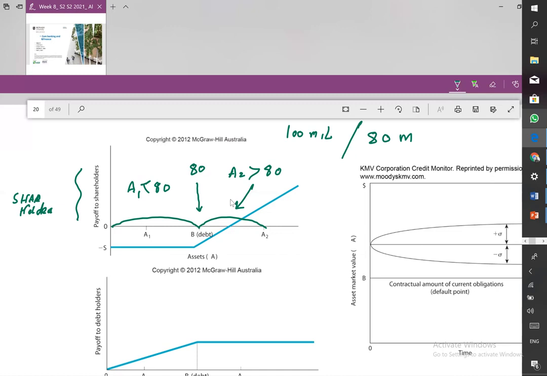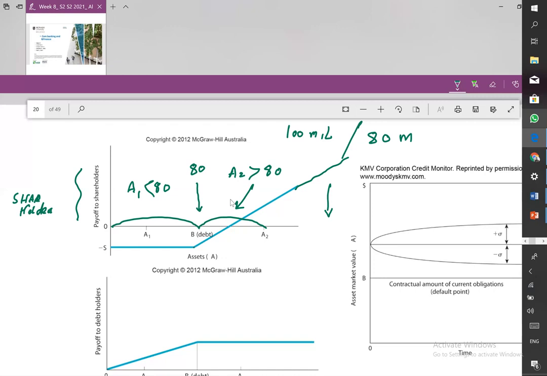When defaulting happens here, what will be the loss for this option, because they give the bank the option to take the value of the company? What is the option for the shareholders? If the value of the company increases over the loan, their value will keep increasing, and the value of this option will be very high.